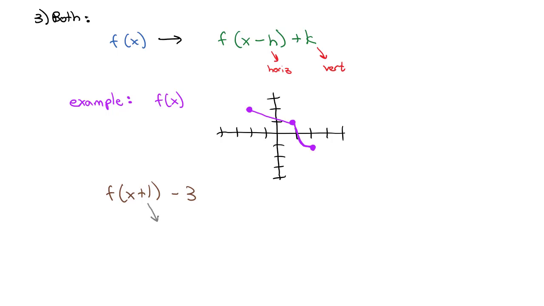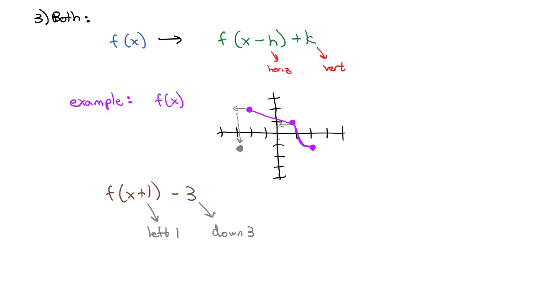Well, the plus 1 inside the function is a horizontal shift. Plus 1 will move to the left 1. The minus 3 at the end means we're going to go down 3 units. So each point is going to go left 1 and down 3 units to the new location. Okay, same thing with the other point.